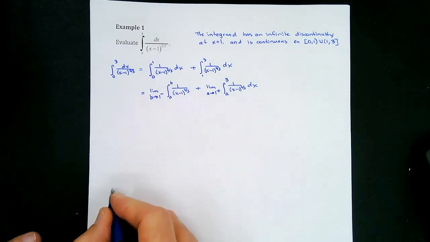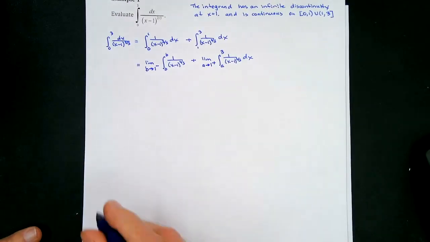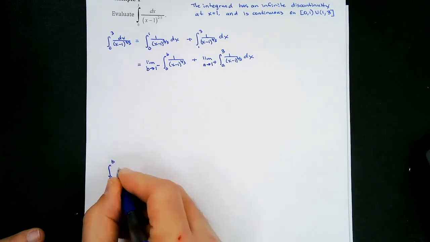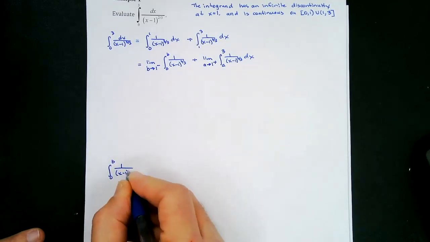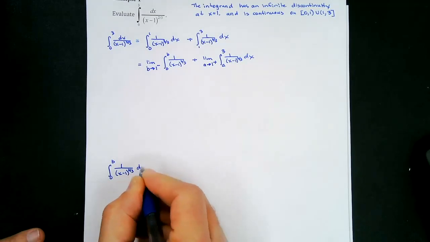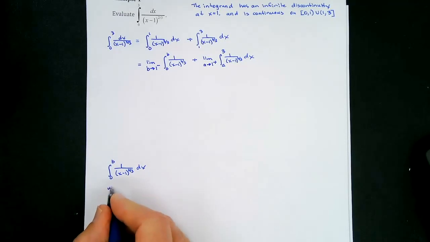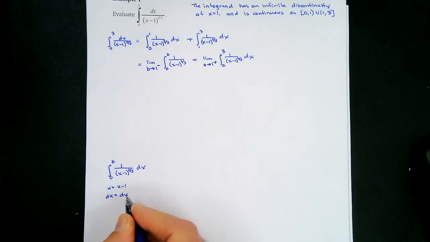So I'm going to come down here and slide my paper up just a little bit more. I'm going to take the integral from 0 to b of 1 over (x minus 1) to the 2/3 power dx. Now I'm going to do a u substitution. I'm going to let u equal x minus 1, and then du would simply be dx.